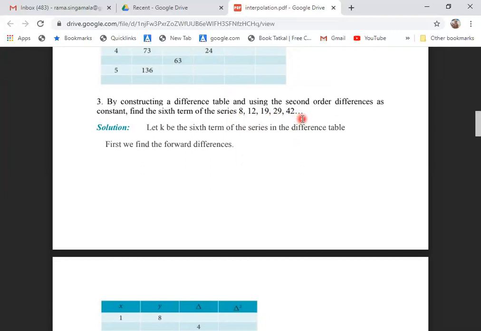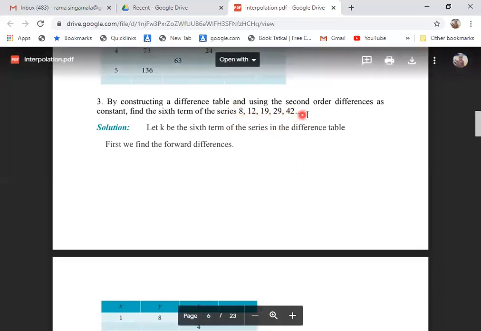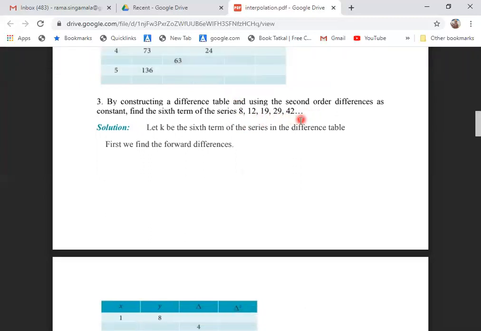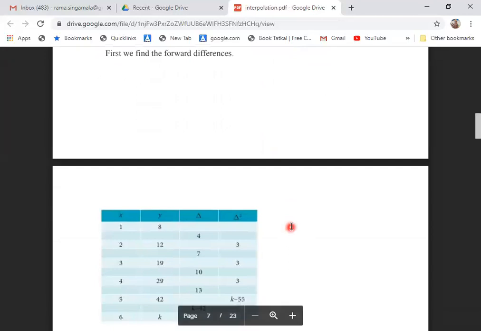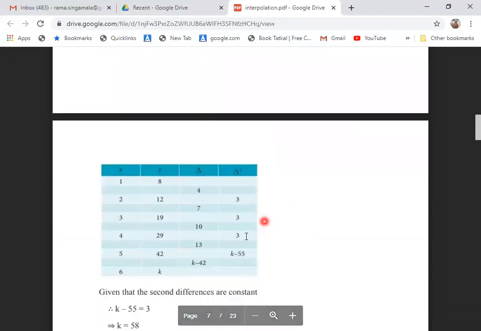Which term is nothing but x, and the number in that series is taken as y values. So in this problem, x values should be taken as terms, first term, second term, and so on. So x values will be listed out as 1, 2, 3, 4, 5, 6.